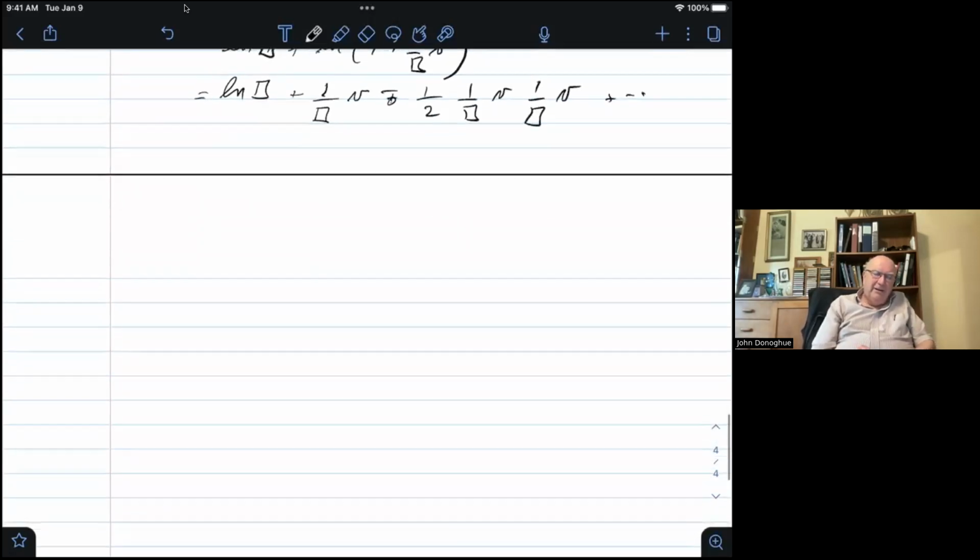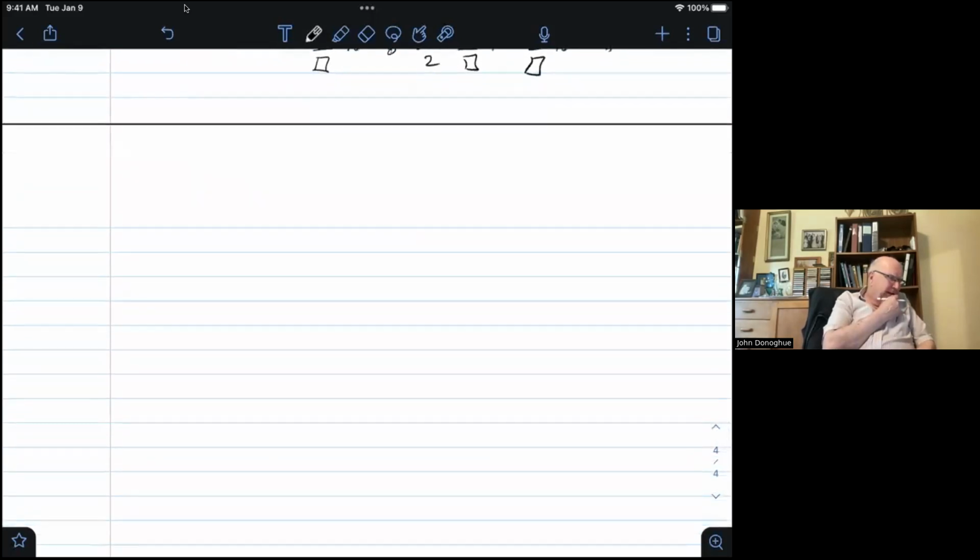Looking plenty formal, but we're about to turn these into Feynman diagrams.